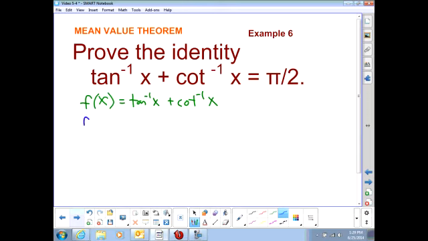We'll take the derivative. You should know the derivative of tan inverse x. It's 1 over 1 plus x squared. Cotangent inverse's derivative is just the negation of that. So it's minus 1 over 1 plus x squared. Well, that's just something minus itself. So we know that f prime of x is equal to 0 always.